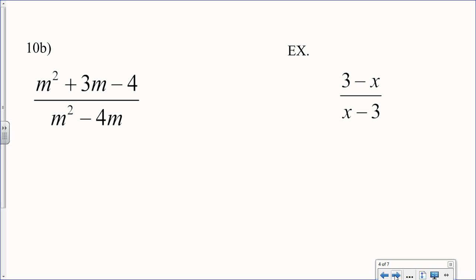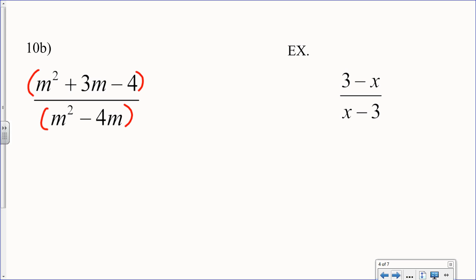Couple more of simplifying. Okay, is there a common factor to take out of the numerator?